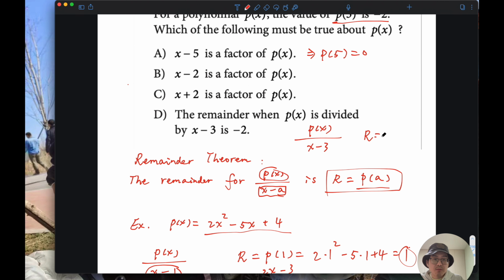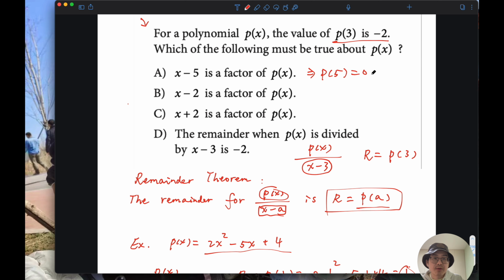When this expression equals 0, we get x equals 3, then plug x equals 3 into p of x. So the remainder would be p of 3, right? And the question tells us that p of 3 is negative 2. So the remainder would be negative 2 if p of x is divided by x minus 3. That means choice D is correct.